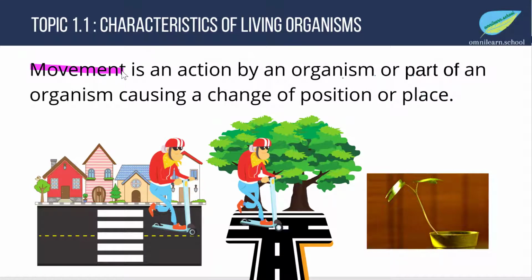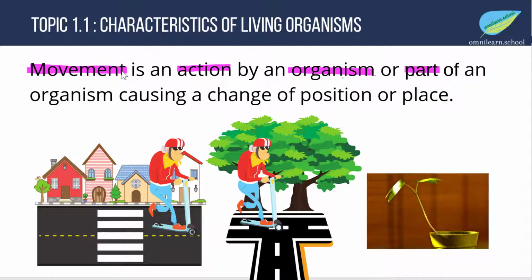and I have included keywords and anchors for keywords to help you remember. So the first characteristic is movement, and the keywords are action by an organism or part of an organism. So the anchor here is, you can see the organism, the lady and the plant, they are all organisms.